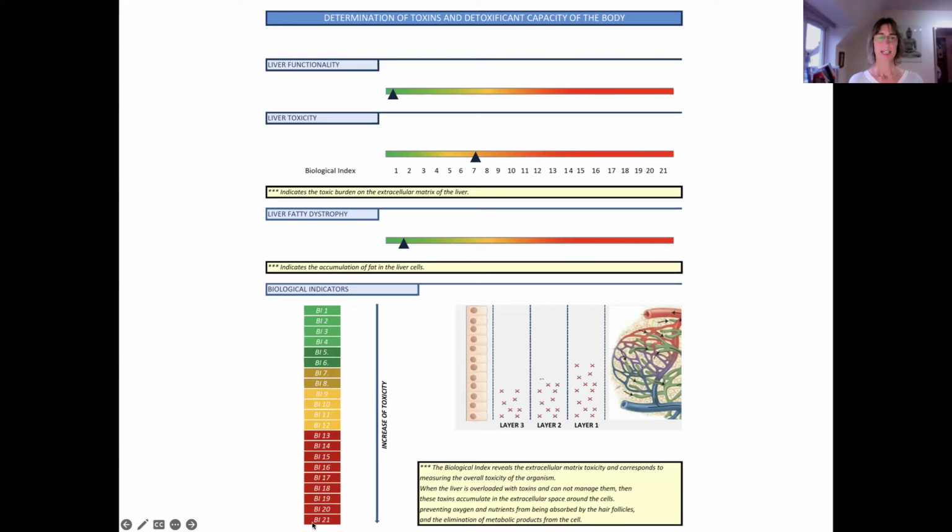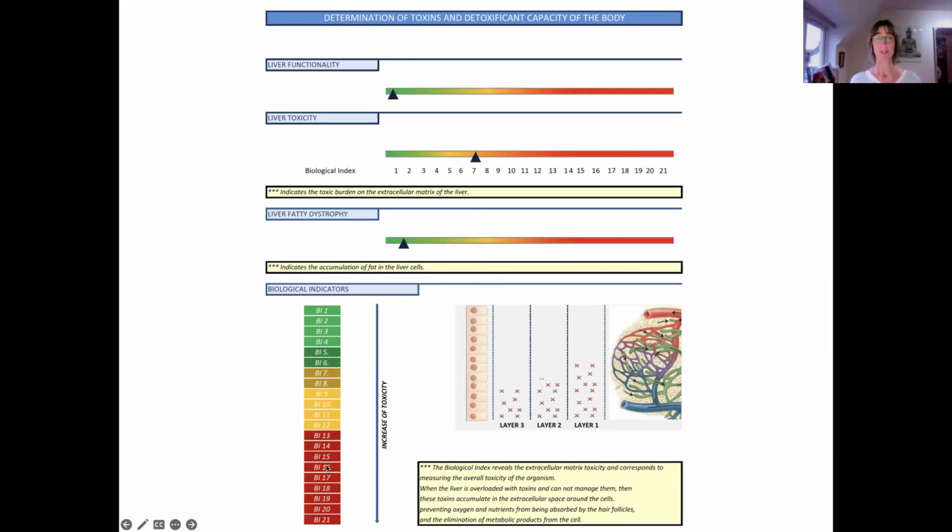So here we have an indicator of how congested, how full of toxins the extracellular matrix is. Now, the extracellular matrix basically means the space between our cells and our blood vessels. And it's here that toxins tend to accumulate. So first we look at how congested and how toxic that space between cells and vessels is.